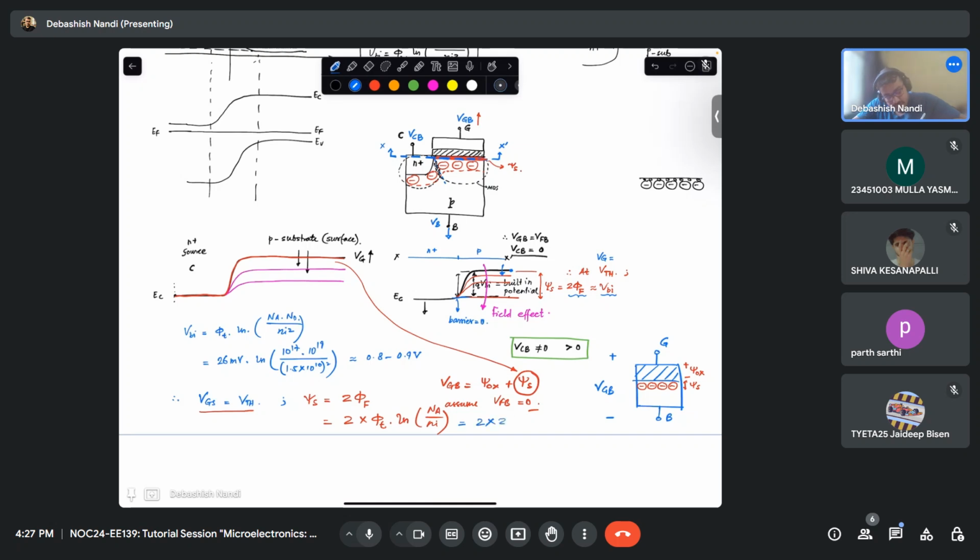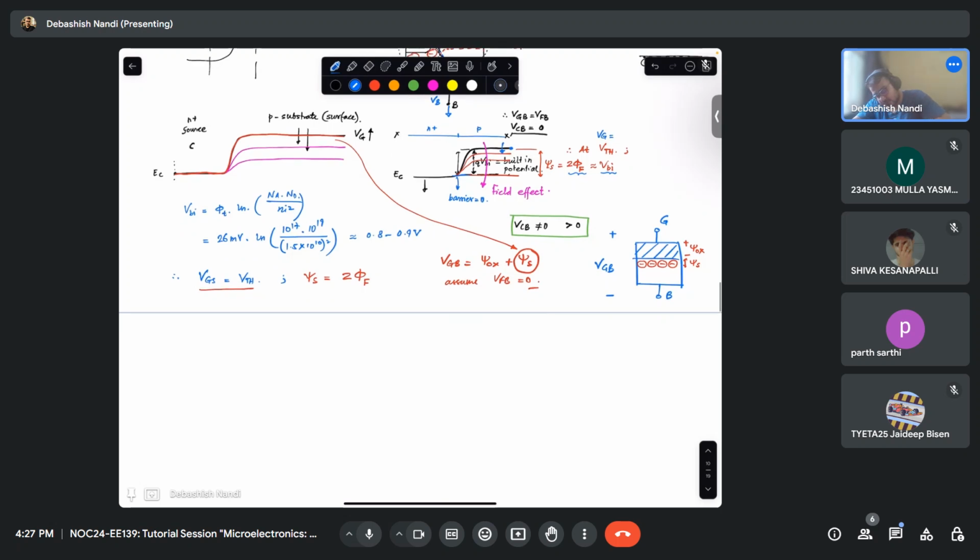You just put 26 millivolt times ln. So you have your psi s equal to 2 times phi t times ln Na over Ni. This is 26 millivolt times ln of Na over Ni. Na we have taken 10 to the power 17, and Ni is 1.5 into 10 to the power 10.